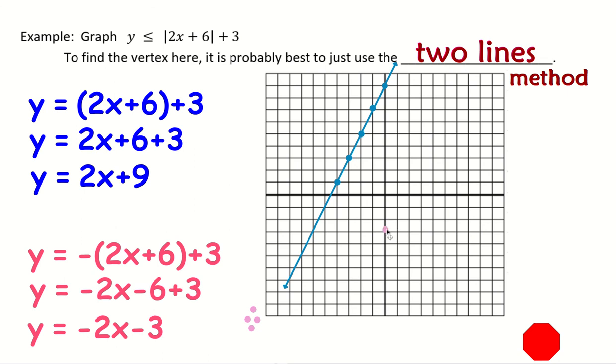And now that we know that b is negative 3, and that my slope is negative 2, or negative 2 over 1, that means down 2, right 1. And we have one dot left over to go in the reverse direction. Why not?